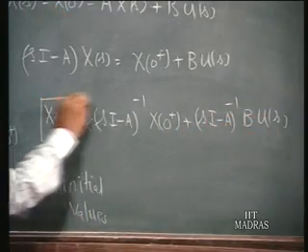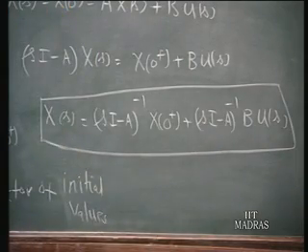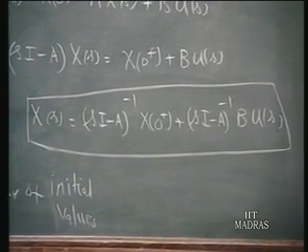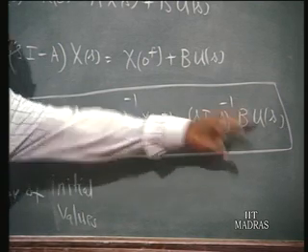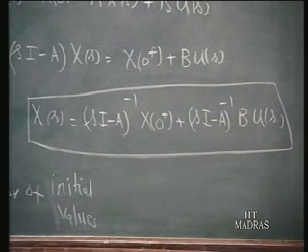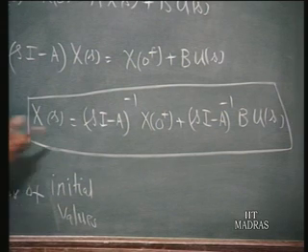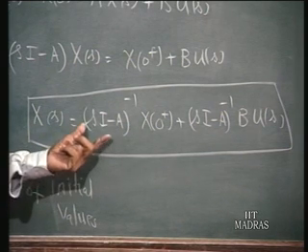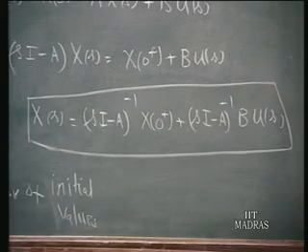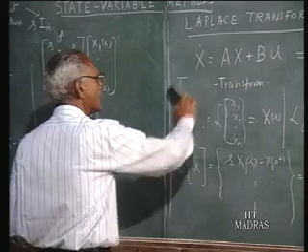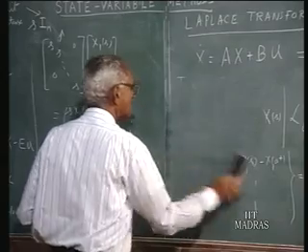So that is the solution for the Laplace transform of the state vector in terms of the initial state x0 plus and the Laplace transform of the forcing functions u. Therefore in this solution, what is involved is the inversion of an n by n matrix, which is not a constant, it is also a function of s.